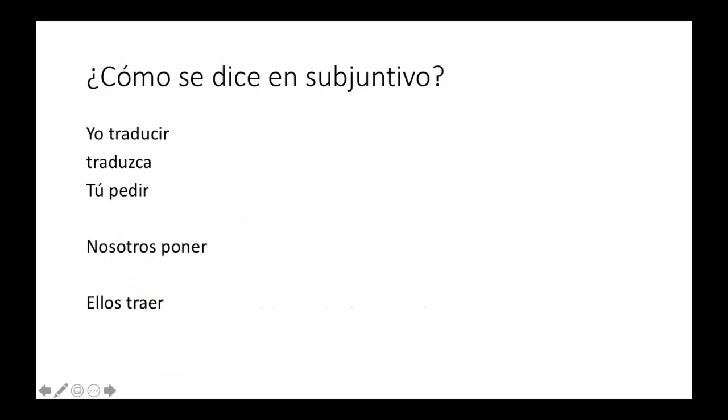Okay, ¿cómo se dice? Yo traducir: traduzca. Tú pedir: pidas. Nosotros poner: pongamos. Ellos traer: traigan, ¿no?